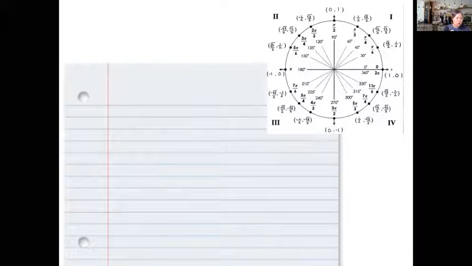So as I said before, as usual, we need 2 axes. I will start with the horizontal axis here, and I will need a vertical axis here.